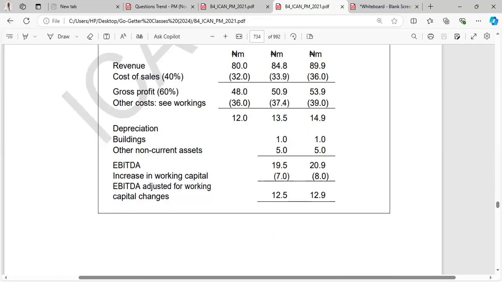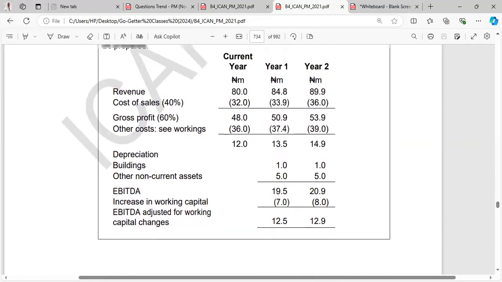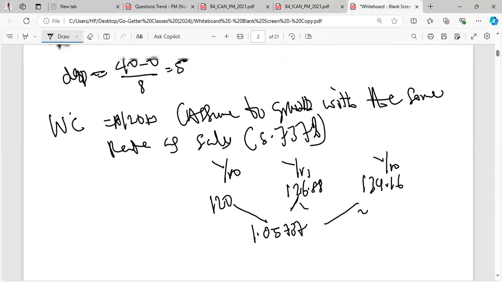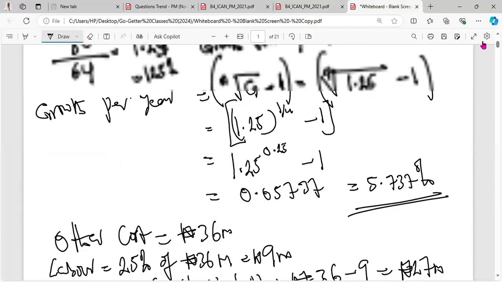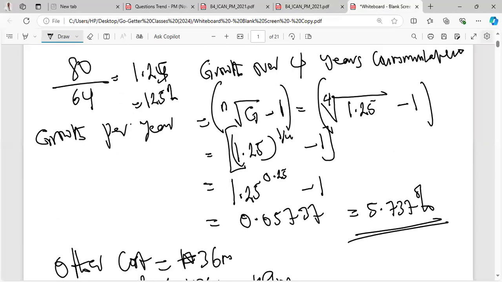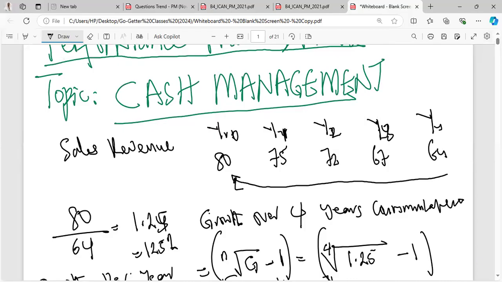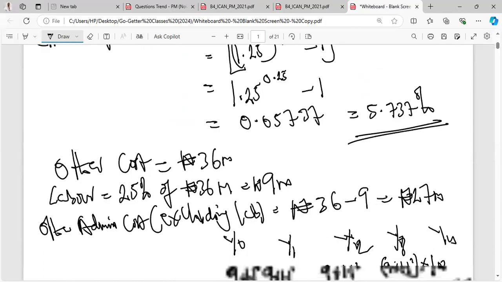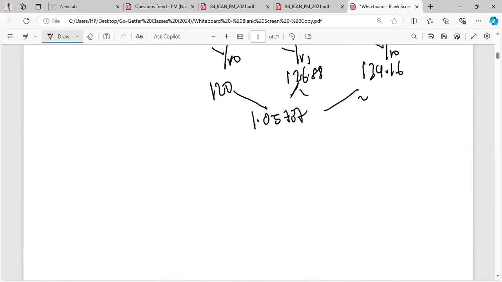So now when you are doing your current year, revenue is 80. And because your revenue is growing at 6%, we didn't do that. Let's do that of revenue.